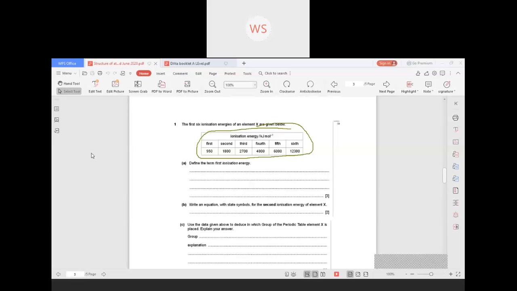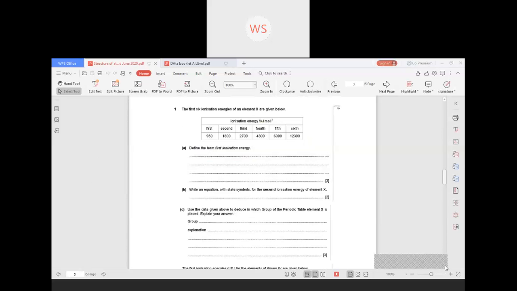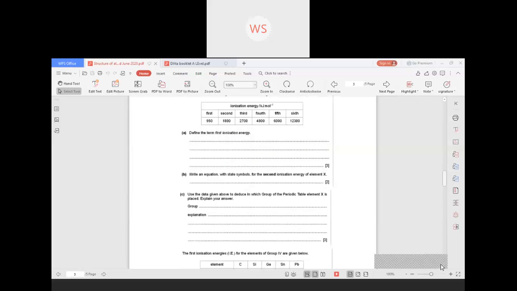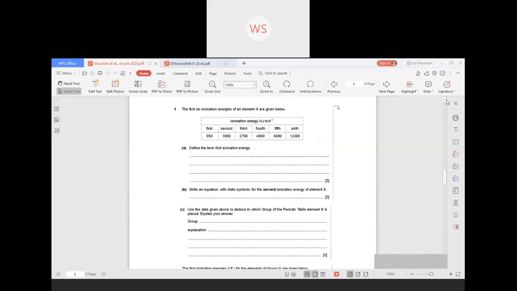Let me ask Clarabella. Hello, Clarabella. So, what is the group of this element? What is the method? Can you tell us? Group 5.